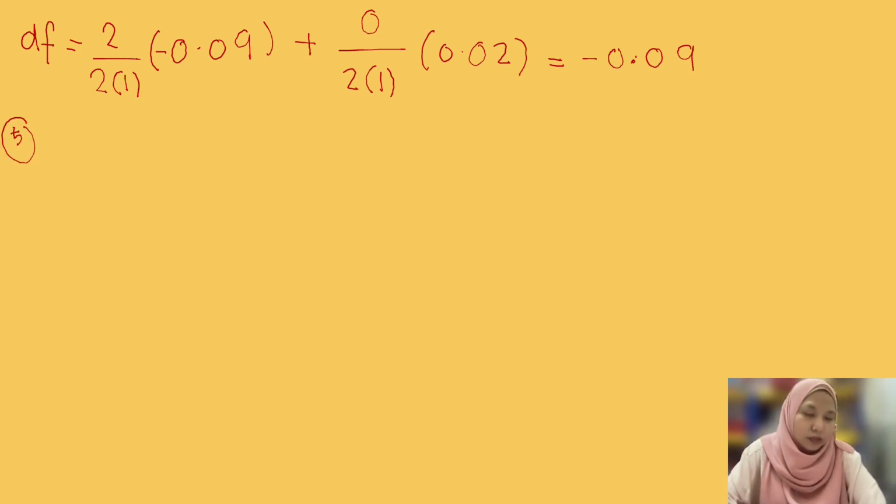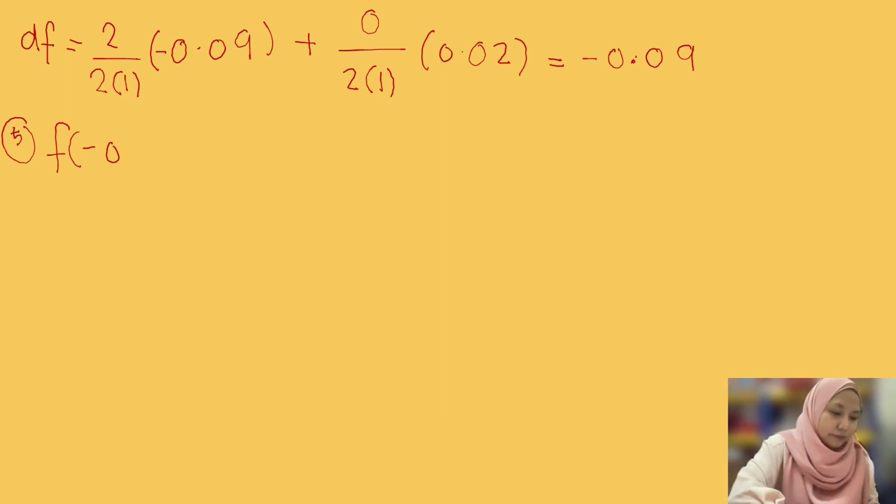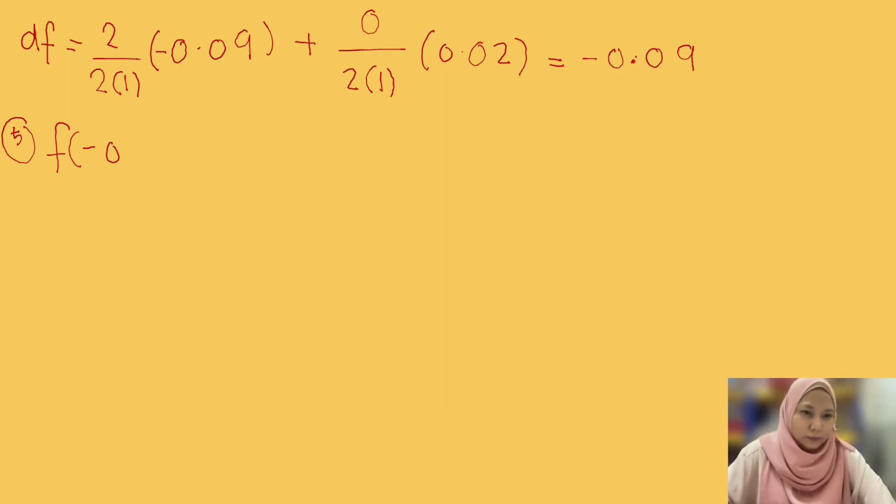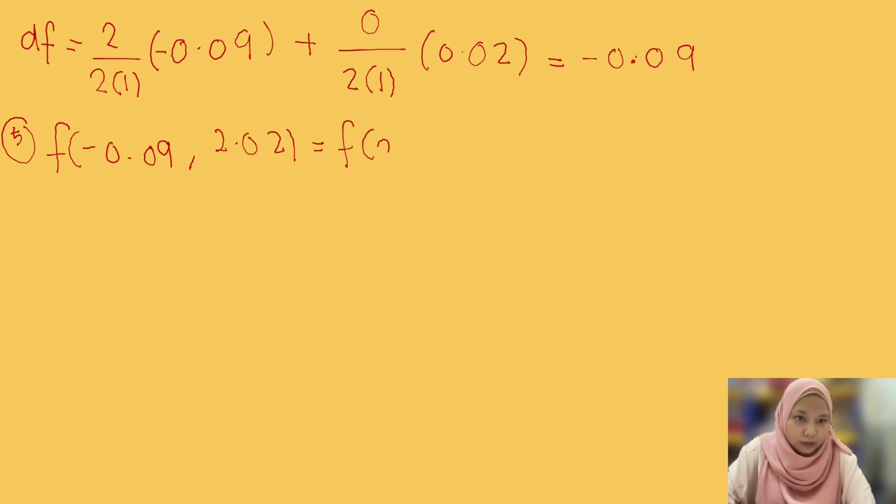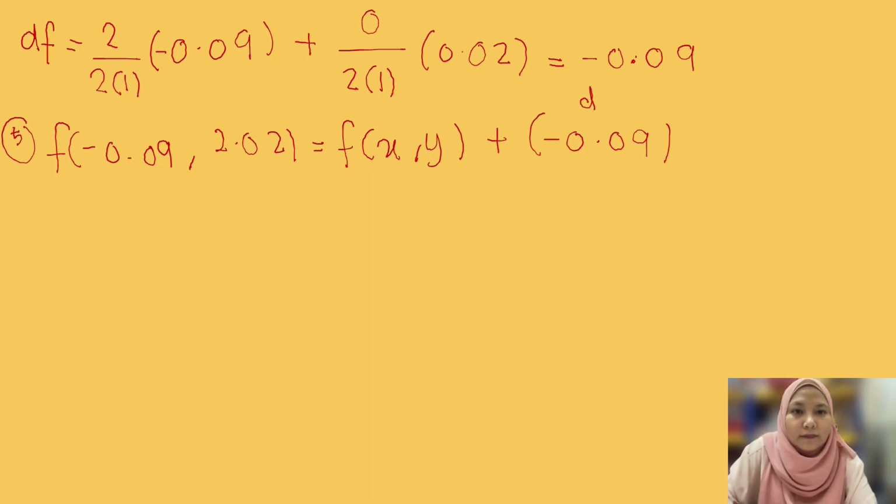The fifth step, we need to find the approximation of the total differential, the approximation of the change in f. So we get negative 0.09, and f(0, 2.02) equals f(x,y) plus negative 0.09, our change in f. So this is df.